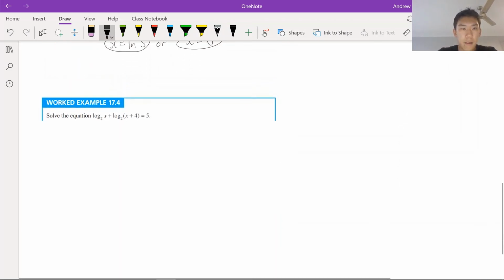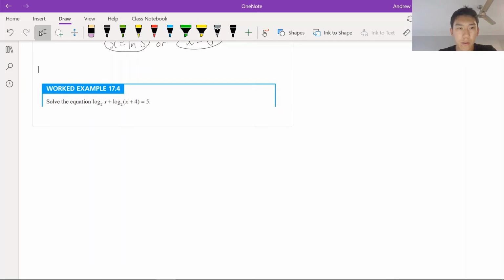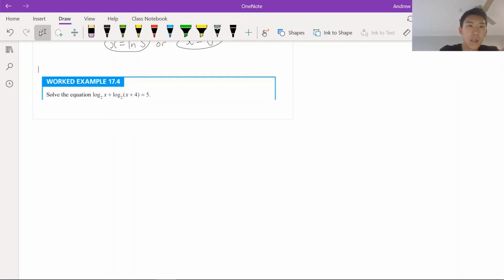And finally, let's have a look at how we could go about solving this one. Solve the equation log x base 2 plus log (x plus 4) base 2 equals 5. Straight up, let's try to use our prior knowledge. What can we do here? Can we make this even a bit more simplified?